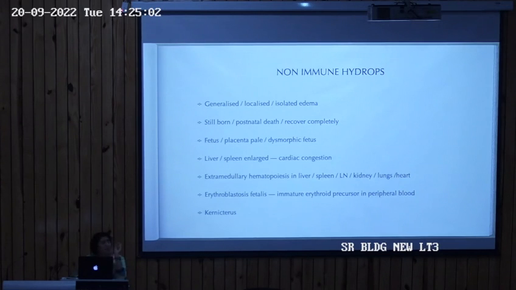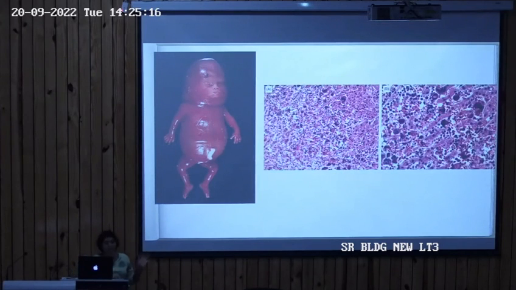So the edema which is present can be of the entire body, or it is localized, or it is just an isolated edema, say only the liver is enlarged or the abdomen is enlarged, something like that. Now, first let me take it here. So this is how the baby is. This is actually an IUD baby, already dead. So this is the classic example of non-immune fetal hydrops.